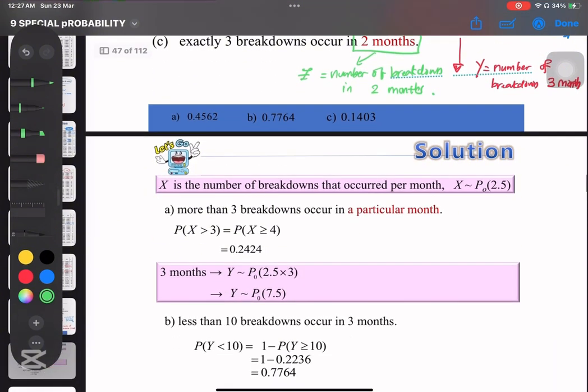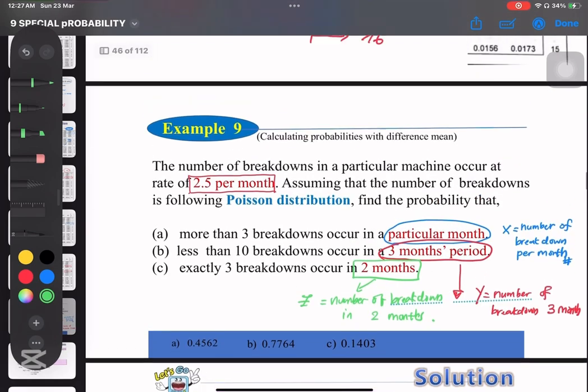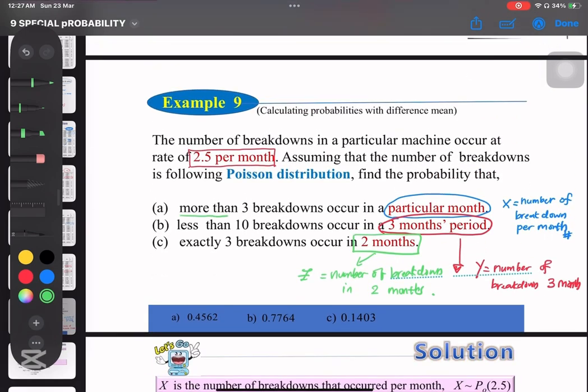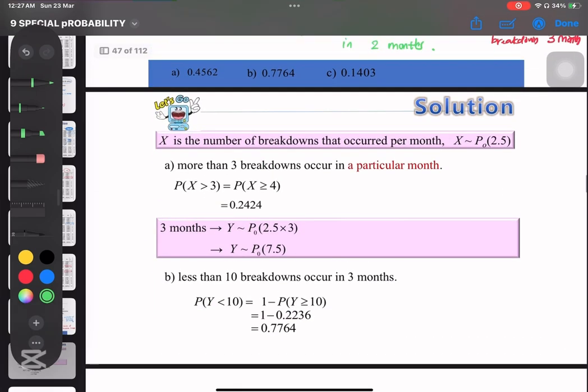So firstly, we need to understand what each question asks for. For question A, we are going to use the given mean in the question because it asks for breakdowns that occur per month.